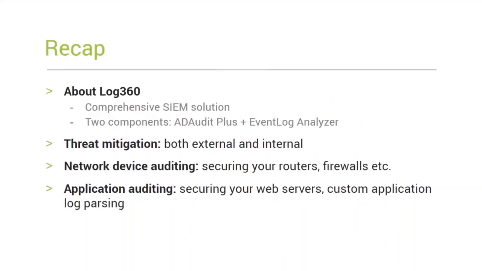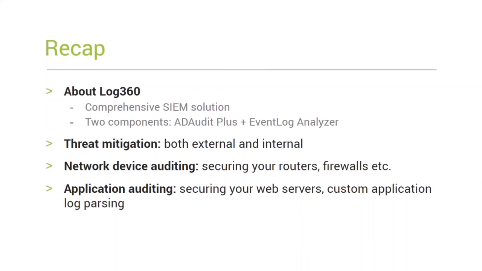So, very quickly, I'd just like to recap what we have seen in this workshop series so far. In the first three episodes of this series, I gave you all a brief overview of what Log 360 is. Log 360 is a comprehensive SIEM solution for your network, which consists of two main components, which are AD Audit Plus and EventLog Analyzer.